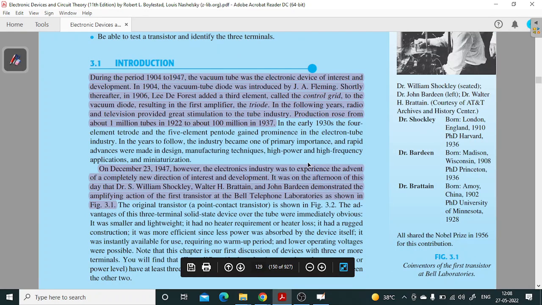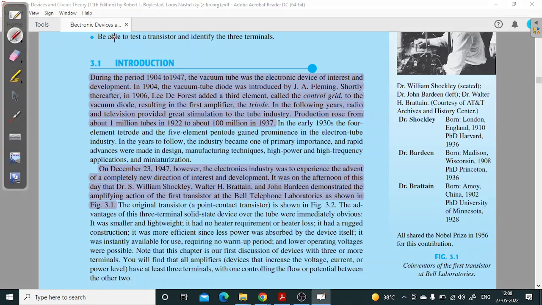So about the introduction part, before BJT, vacuum tubes were popular. Vacuum tube based diodes, and something called triodes. Triodes had 3 legs, and vacuum tube diodes had 2 legs.